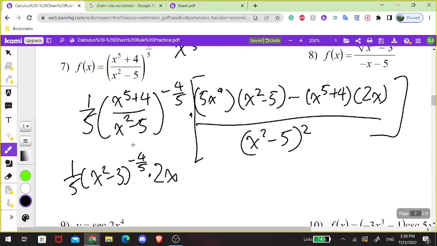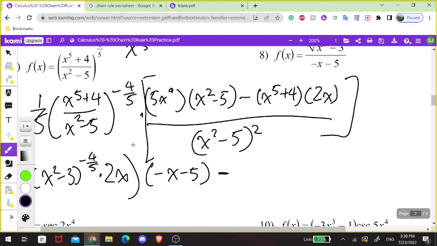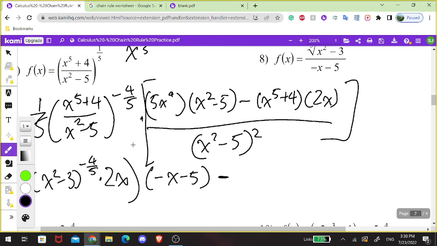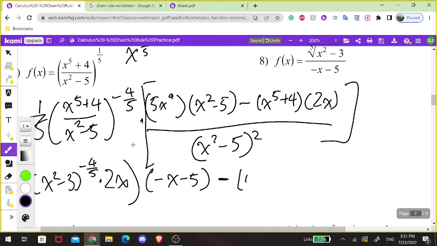Okay, that's the top times the normal of the bottom. We're doing number 8, by the way. We times the normal of the bottom, which is negative x minus 5, minus the derivative. I'll keep the top the same this time, so the top is x squared minus 3 to the 1/5 power, times the derivative of the bottom.